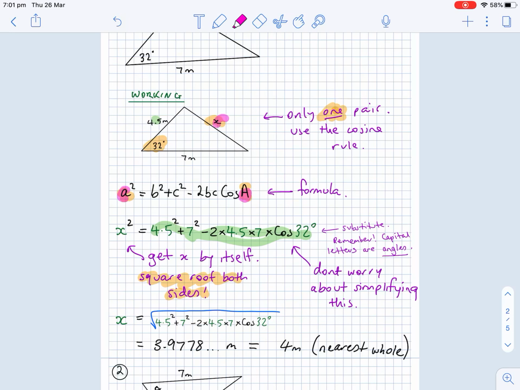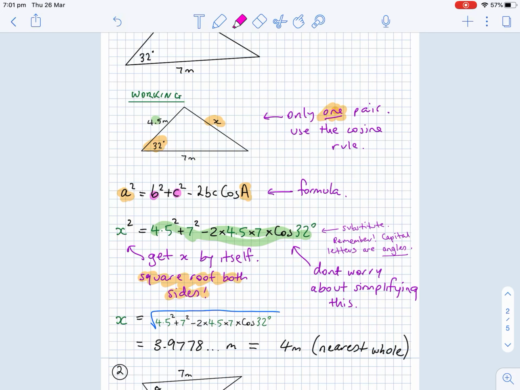There's our pair. Now, our little a is a side length, so that's going to be our x, because that's the side length in our pair. And our capital A is going to be our 32 degrees. You'll notice that the B and C are going to be the other 2 sides that you've got, so your 4.5 and your 7. So when you put that in, it should look something just like this.